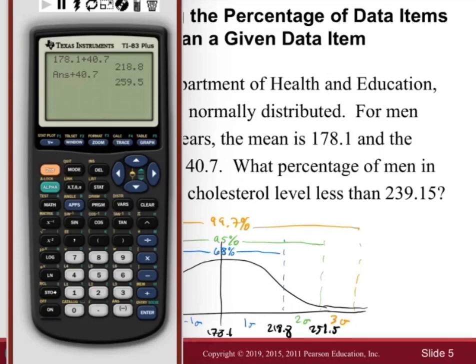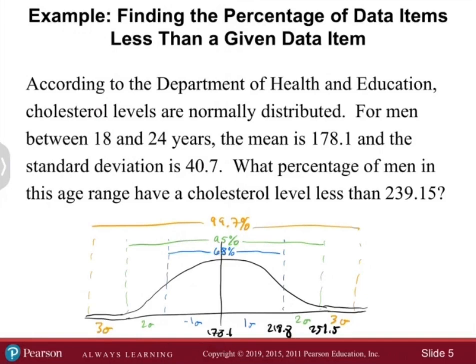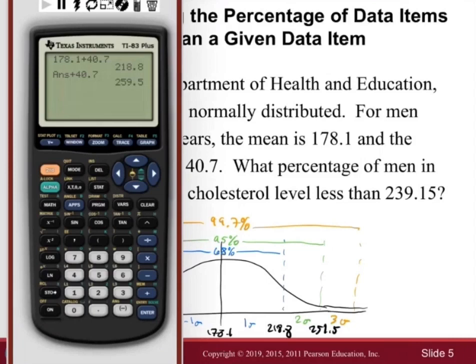So then 259.5, less than 239. Is that halfway between these two? Oh, I think now in hindsight, let me see something. So we got 259. Let me make that look more like a 9. I want to find the average.